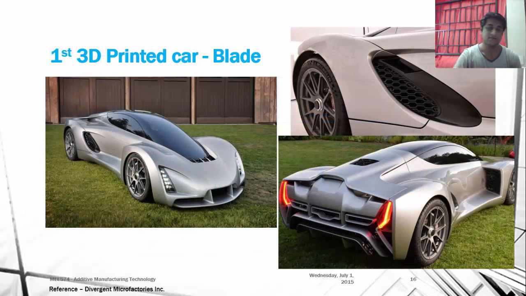This is the second case study. This is the first 3D printed supercar, we can say, which is named Blade. It is made by Divergent Micro Factories. The major advantage of this car is superior weight reduction. It has 1800 pounds of curb weight, which is very little.